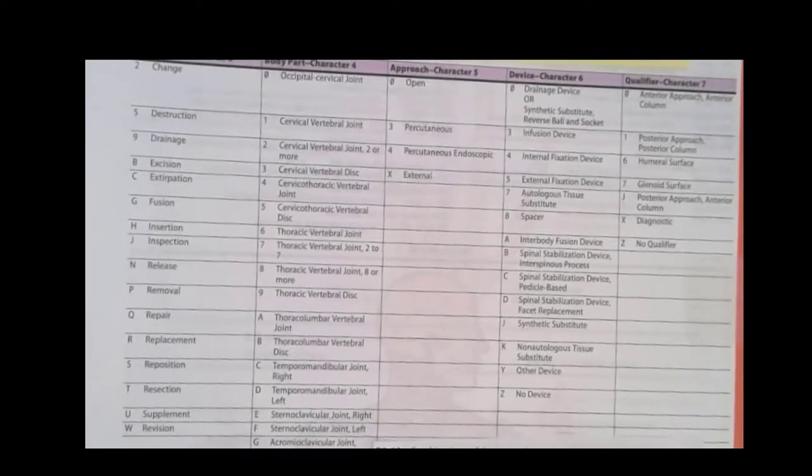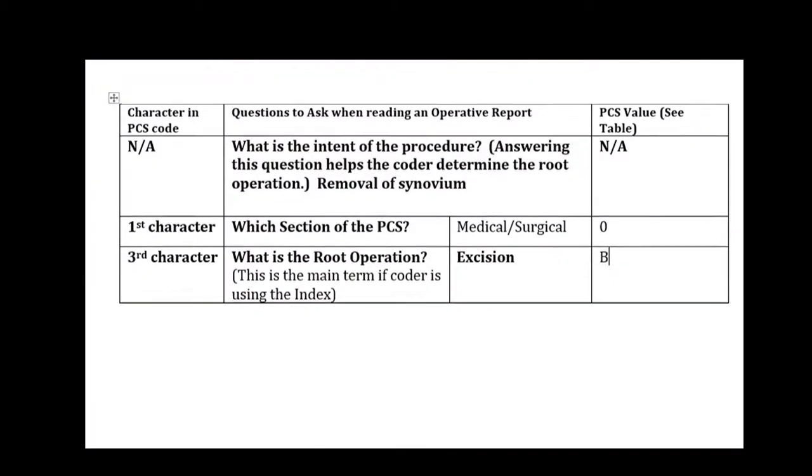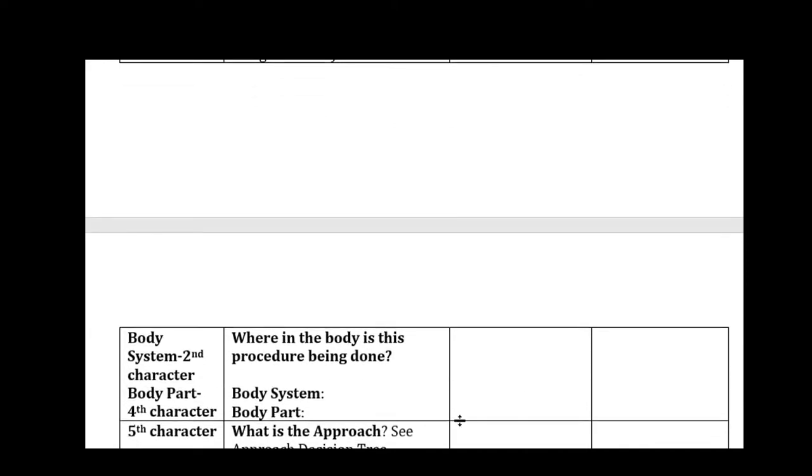Go back to our worksheet. Excision's our root operation. The body part is the carpal joint. So the body system then is the upper joints. The only joint body systems we have are upper and lower. Obviously your arms are in your upper joints.